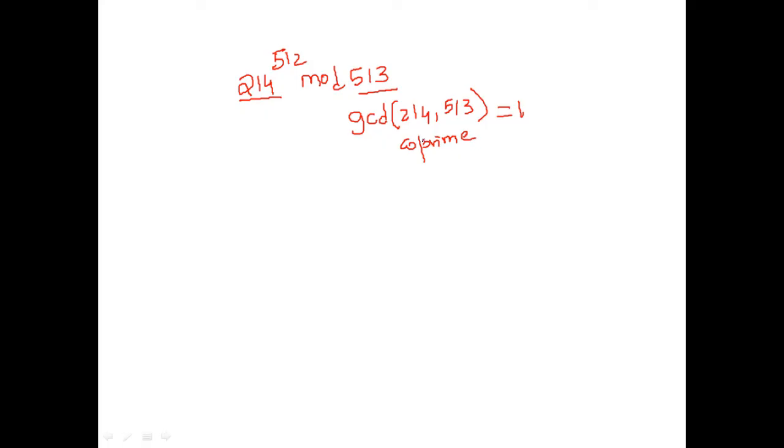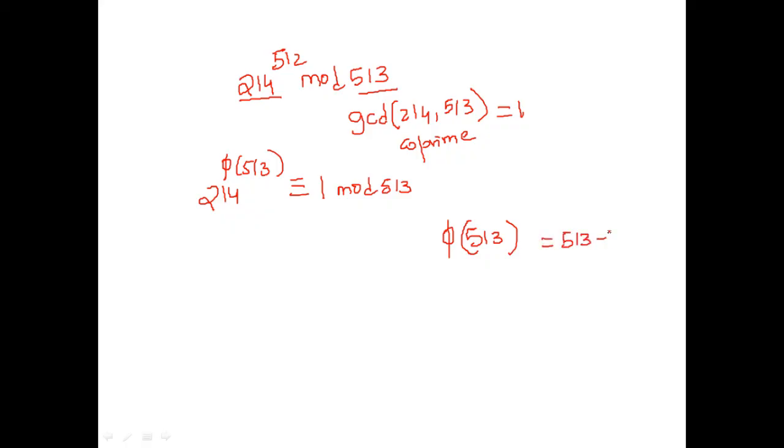Once they are co-prime, we can use Euler's theorem: 214^φ(513) is congruent to 1 mod 513. So what is φ(513)? 513 is taken as a prime number, and when we apply Euler's totient function on it, it is 513 minus 1, that is 512.